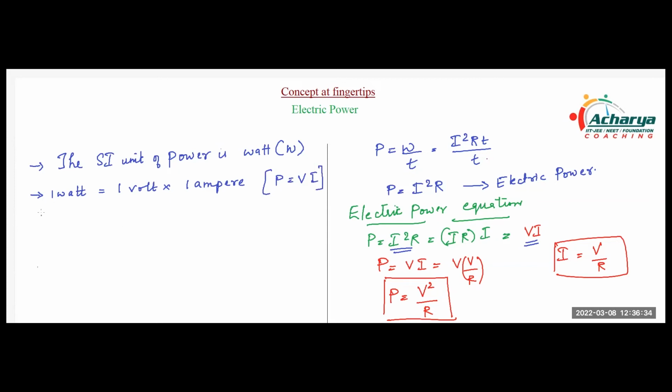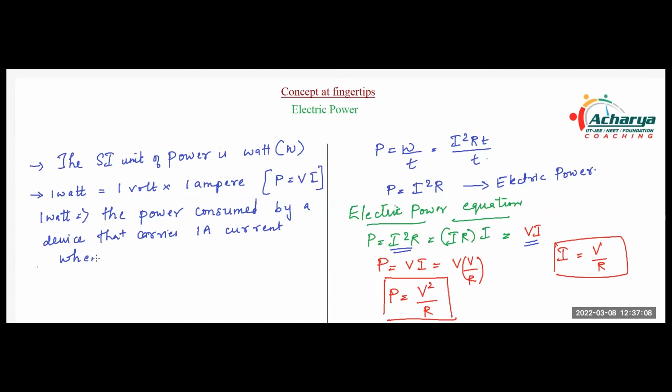So how can we define 1 watt? 1 watt can be said as the power consumed by a device that carries 1 ampere current when operated at a potential difference of 1 volt.